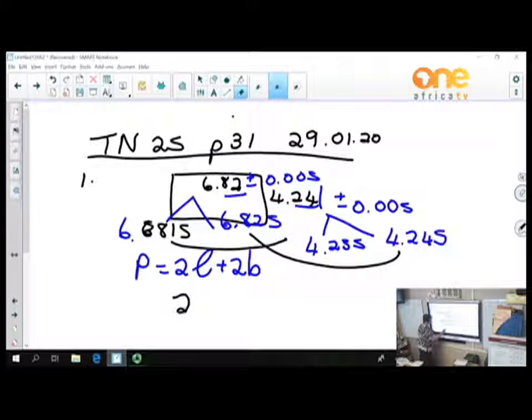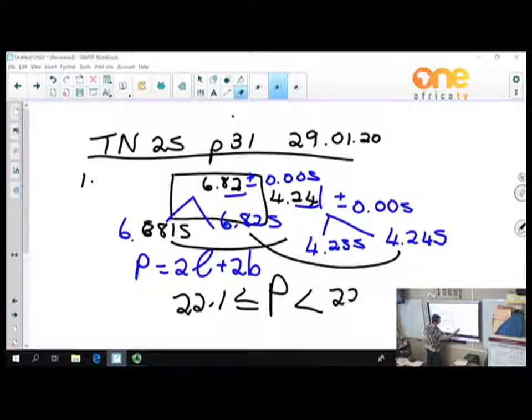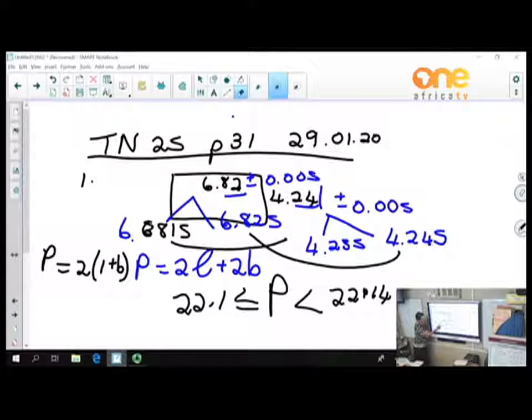So the lower bound here is 22.1 is less than or equal to perimeter is less than, and then the upper one, 6.825 plus 4.245 times 2, 22.14. The formula is like this: it's either 2 times length plus breadth, or it's 2 times length plus 2 times breadth. Not all together now, because it's perimeter that makes the difference.